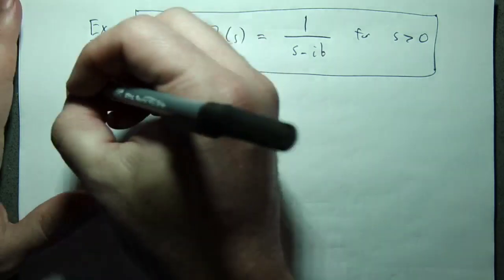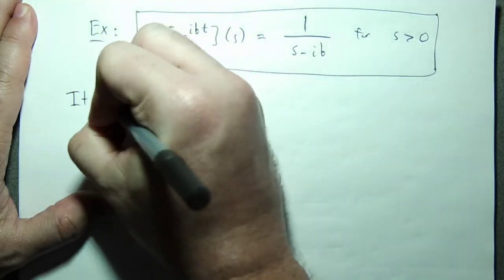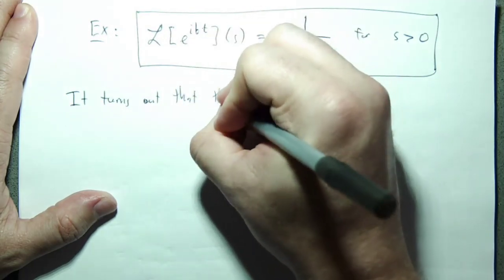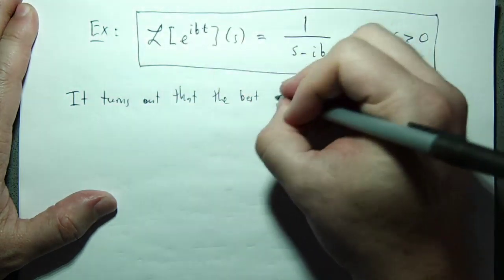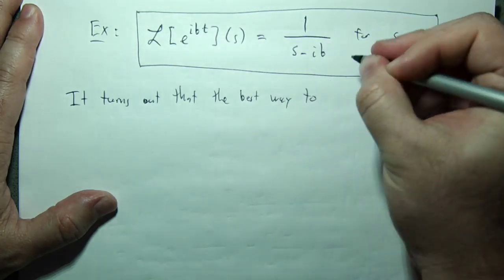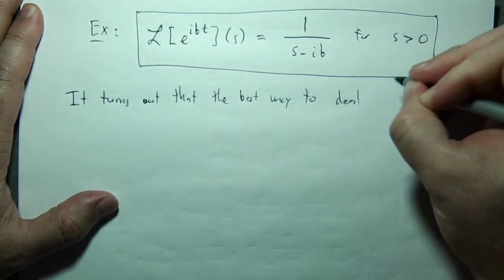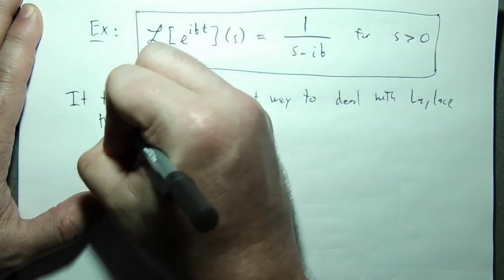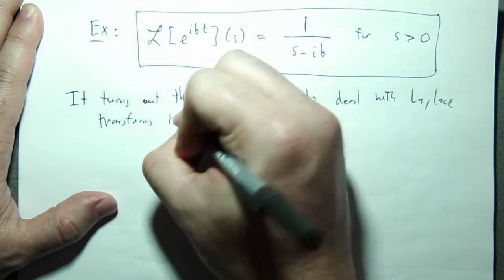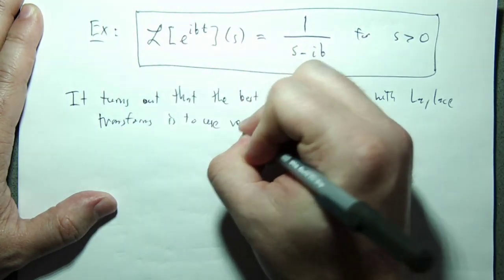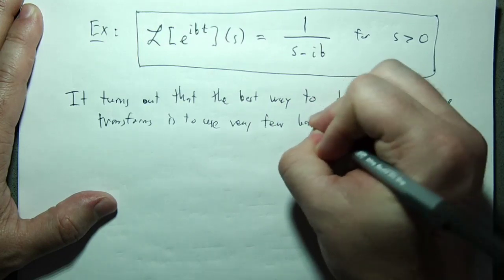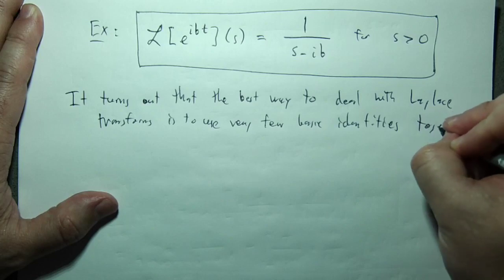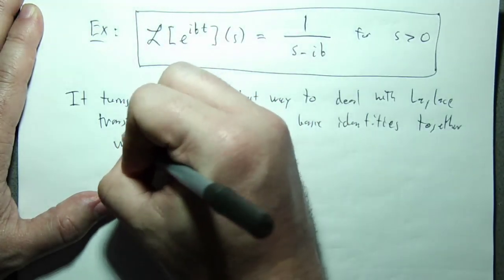So it turns out, as I said before, that the best way to deal with Laplace transforms is to use very few basic identities together with properties of the transform.